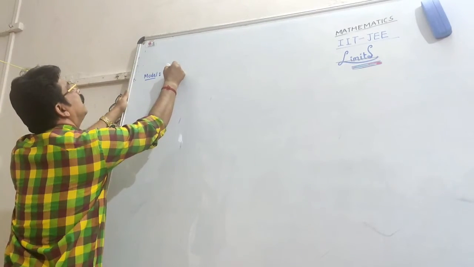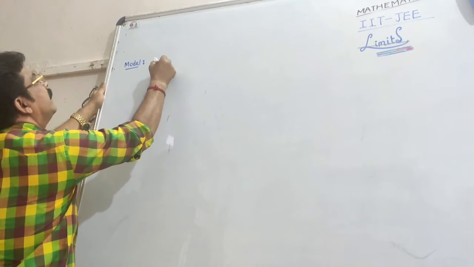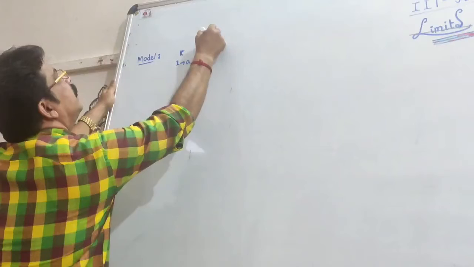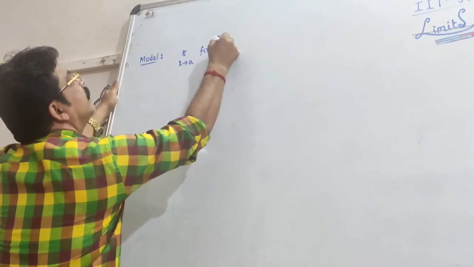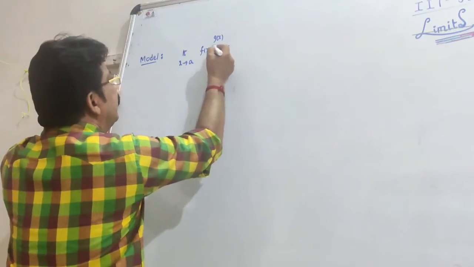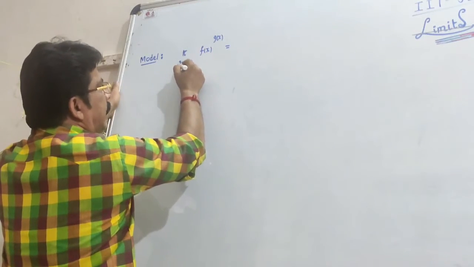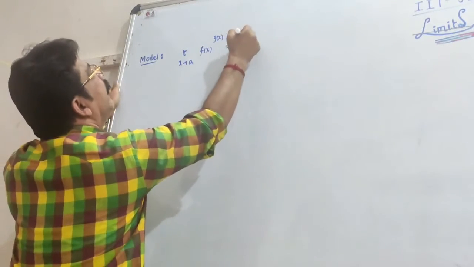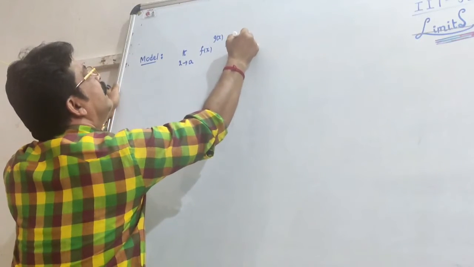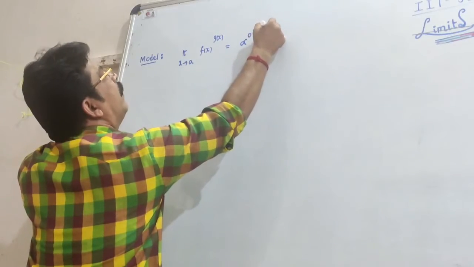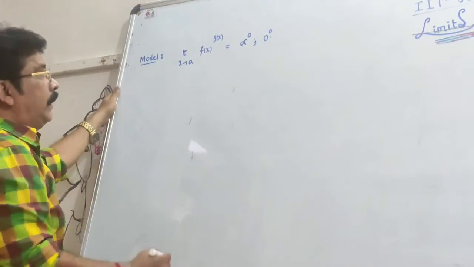Next model. Limit x tends to a, f of x whole to the power of g of x is equal to, meaning after putting x equal to a, or after substituting x equal to a, it is infinity power 0 or 0 power 0.